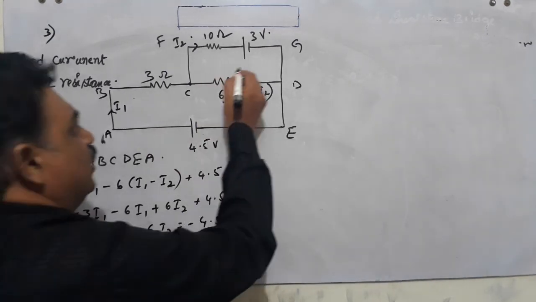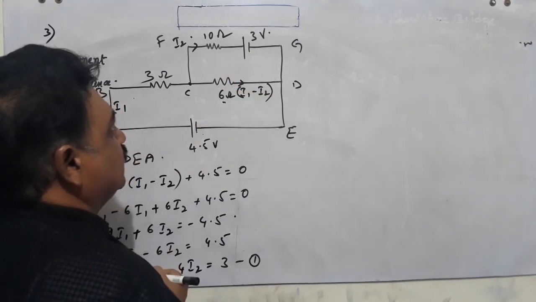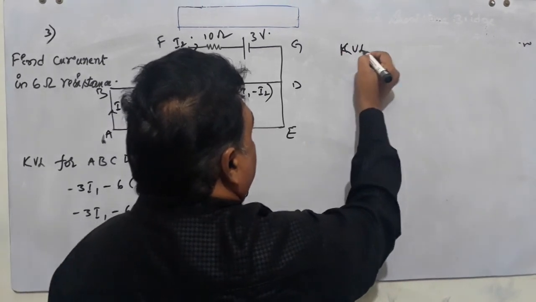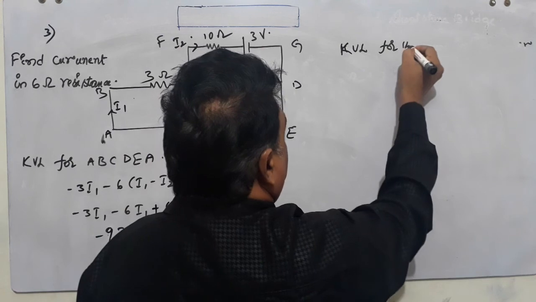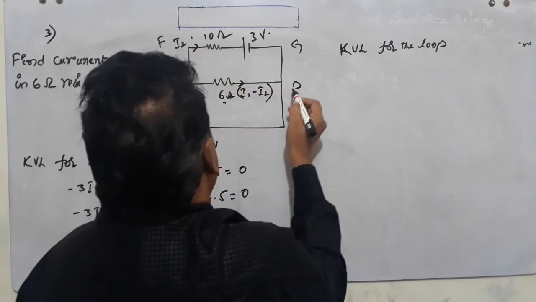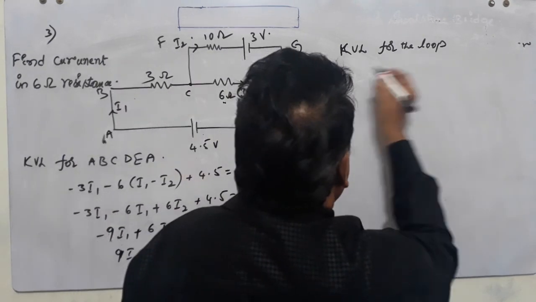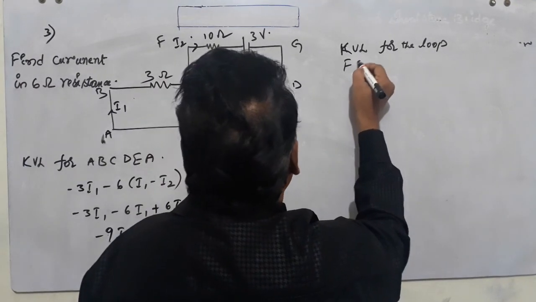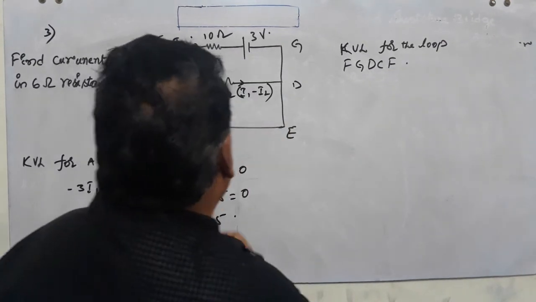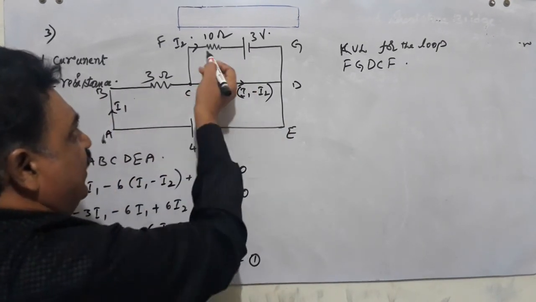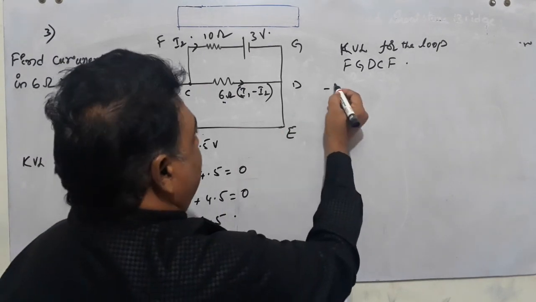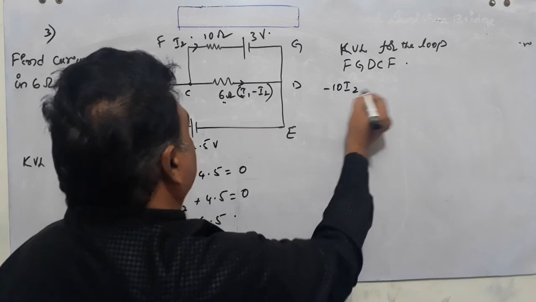And for this loop also, I am applying the same KVL. KVL for the loop FGDCF. Here you are moving in the direction of current across the 10 ohm resistor, so the potential is dropped, minus 10 I2.